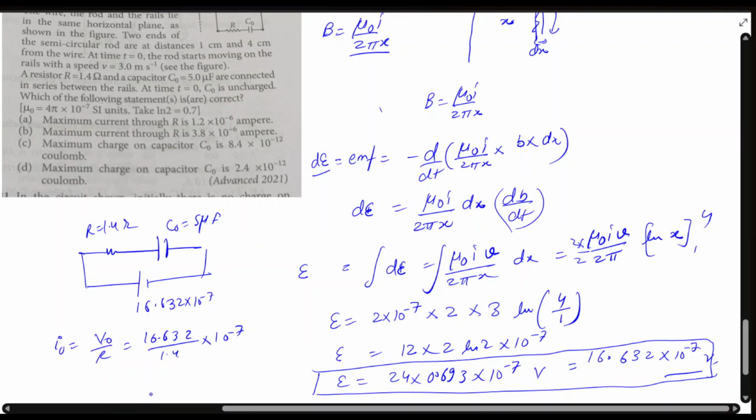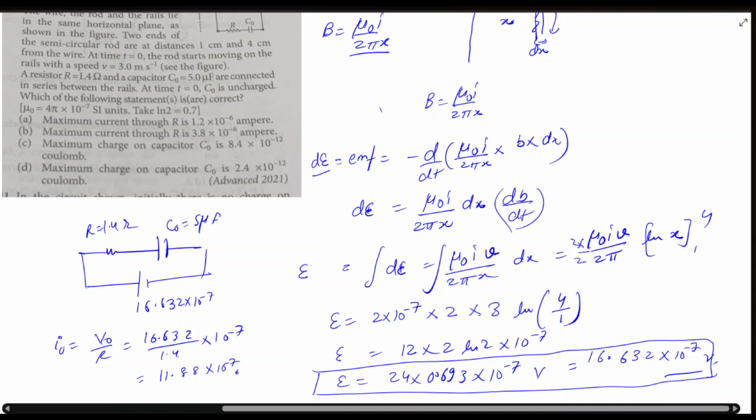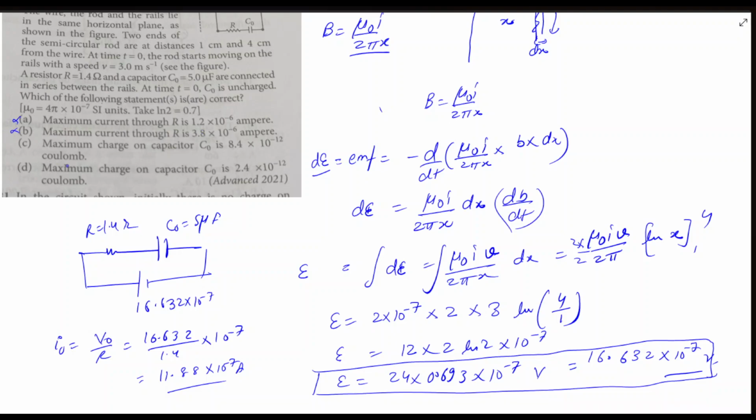If I use my calculator really fast again, divided by 1.4, it will be 11.88 into 10 raised to power minus 7 ampere. So none of the options are matching.